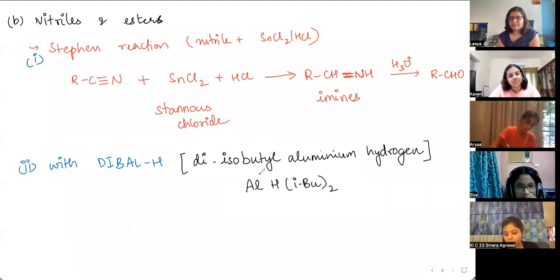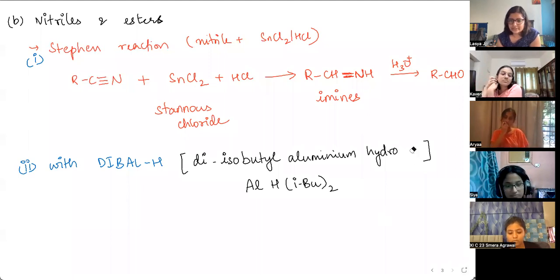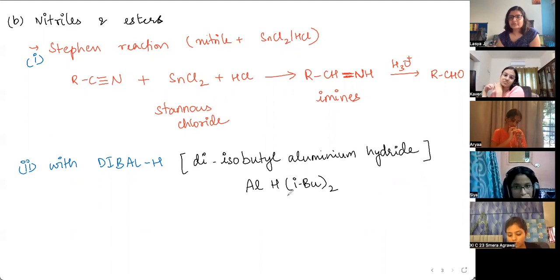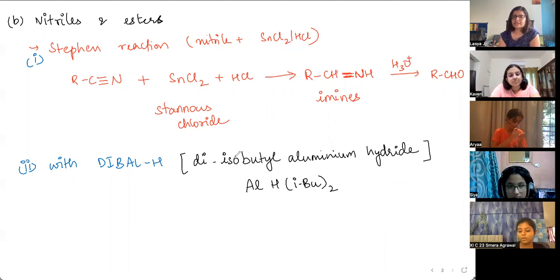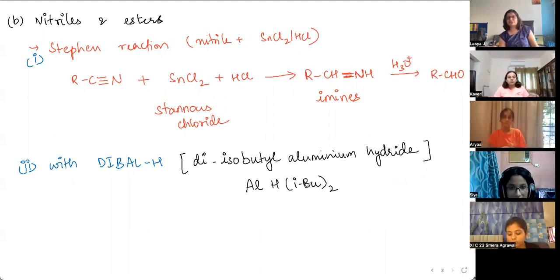So aluminium is +3. Sorry, hydrogen exists in the form of hydride, H minus, and then the other 2 charges are neutralized by isobutyl groups.